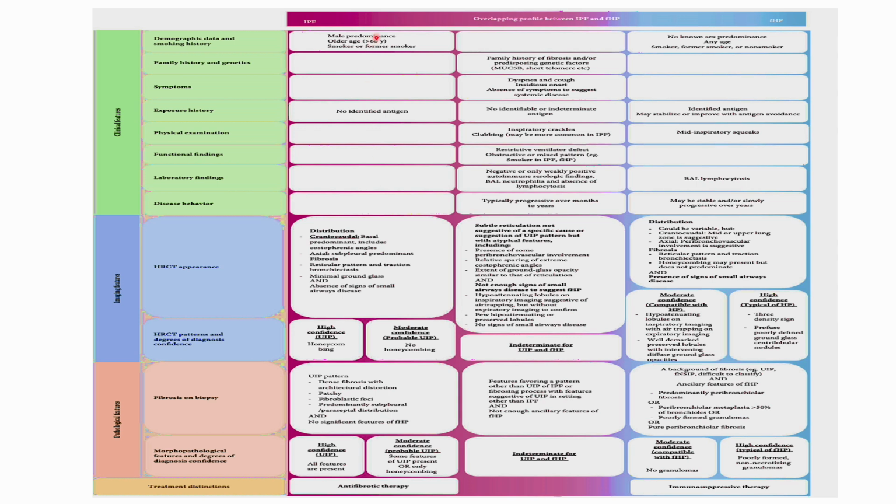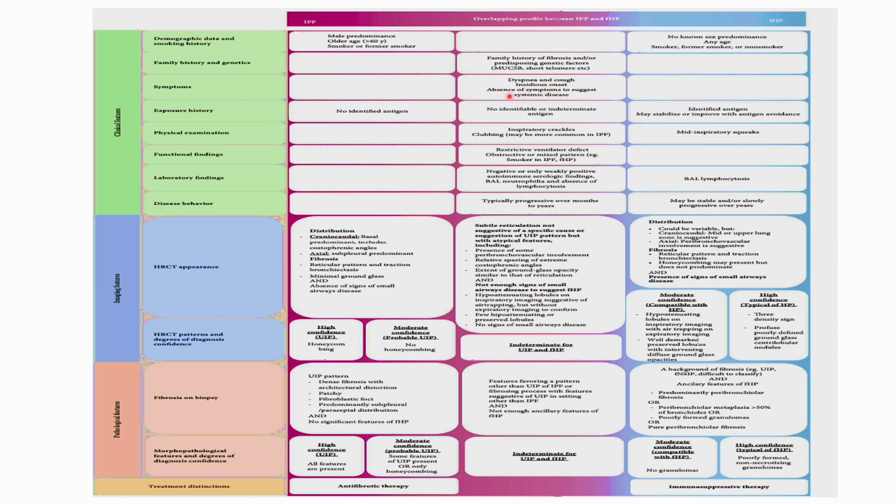So if you look at IPF, it's usually male predominant with older age and smokers or former smokers. But HP, you do not have any significant predominance of the sex or the age. Obviously, smokers, however, do have more chances. Also, the family history of fibrosis or predisposing factors.